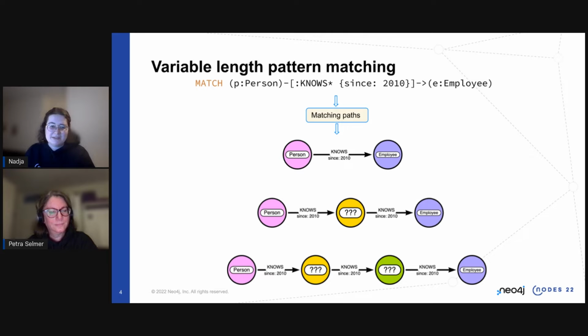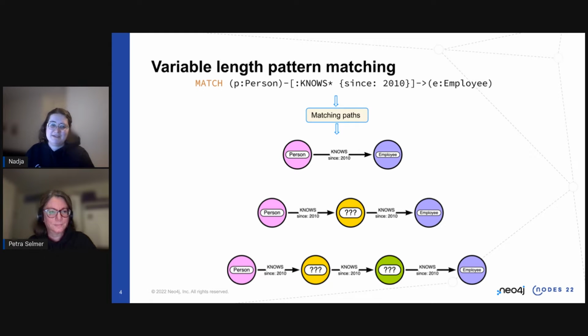So what this would match concretely is that you could have one relationship between those two, or you could have one relationship to an intermediate node, and that follows another relationship to the employee node, and so on. So this goes until you no longer find anything.